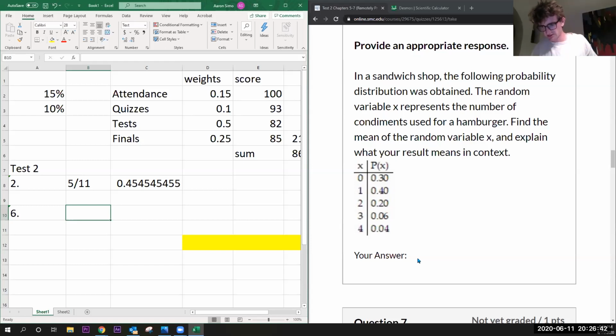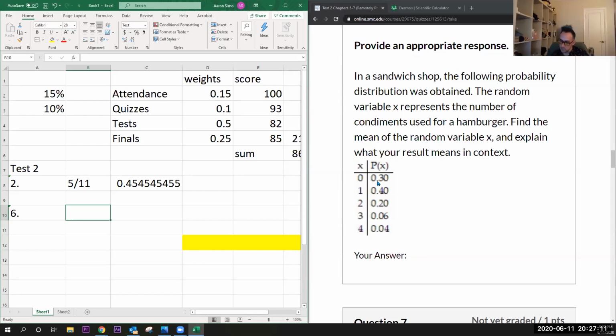Yeah, sure. When I see this question, I understand it to mean that we have a probability distribution here. So we want to take the weighted mean again. All you do is take the weighted mean, and then explain it in context.